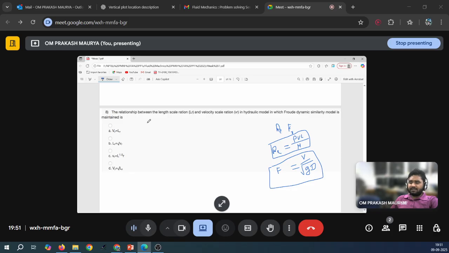So here the question clearly says the fluid dynamic similarity model is maintained. It means you have to maintain these two things. So first is the Froude number for your model, that is F for model, and then the Froude number for your prototype. So V by root GD for your model, and similarly for your prototype, you will write here.